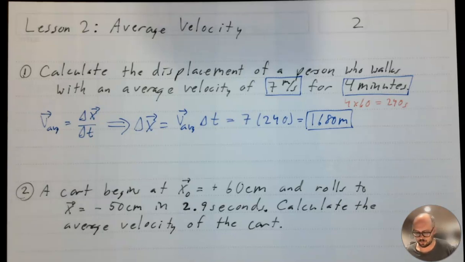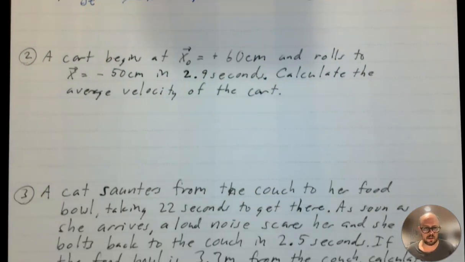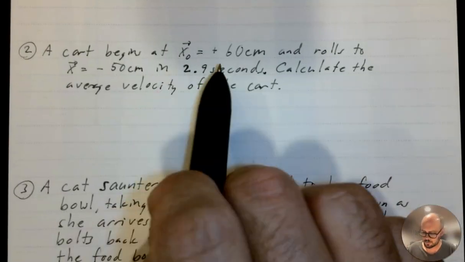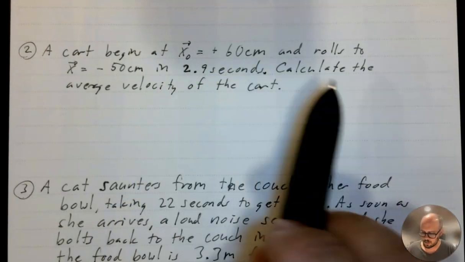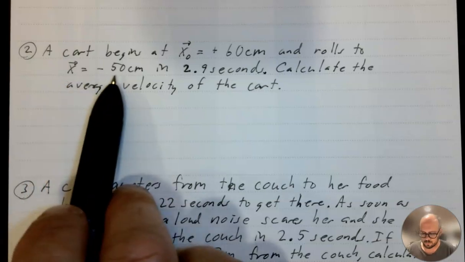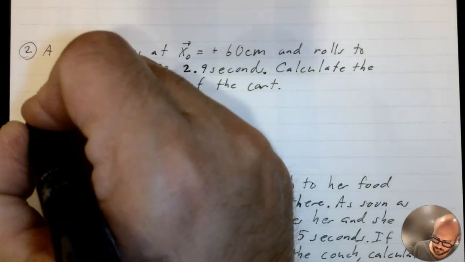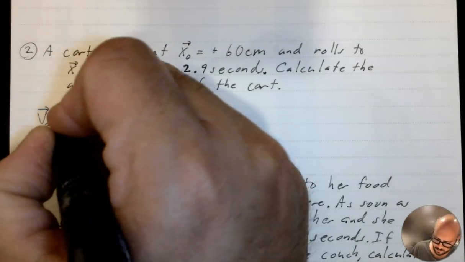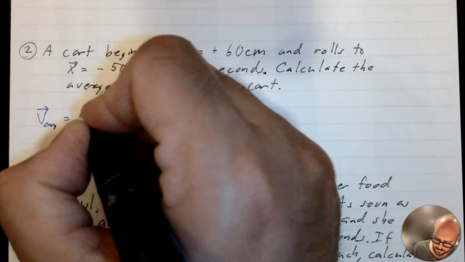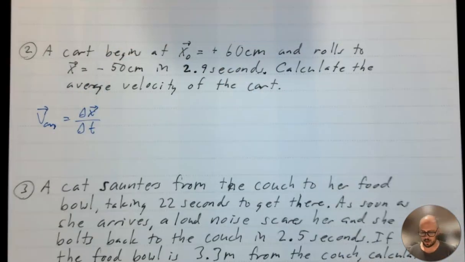Next up, we have: a cart begins at x naught equals positive 60 centimeters and rolls to x equals negative 50 centimeters in 2.9 seconds. Calculate the average velocity of the cart. So average velocity is again displacement over time elapsed.